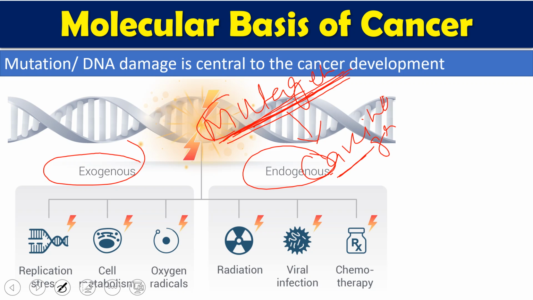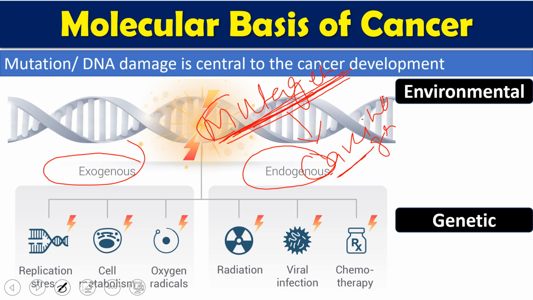So now we are talking about carcinogenic agents, which lead to cancer. Cancer means uncontrolled growth, uncontrolled division of abnormal cells. All the carcinogenic agents can be divided into two broad classes: either environmental or genetic.